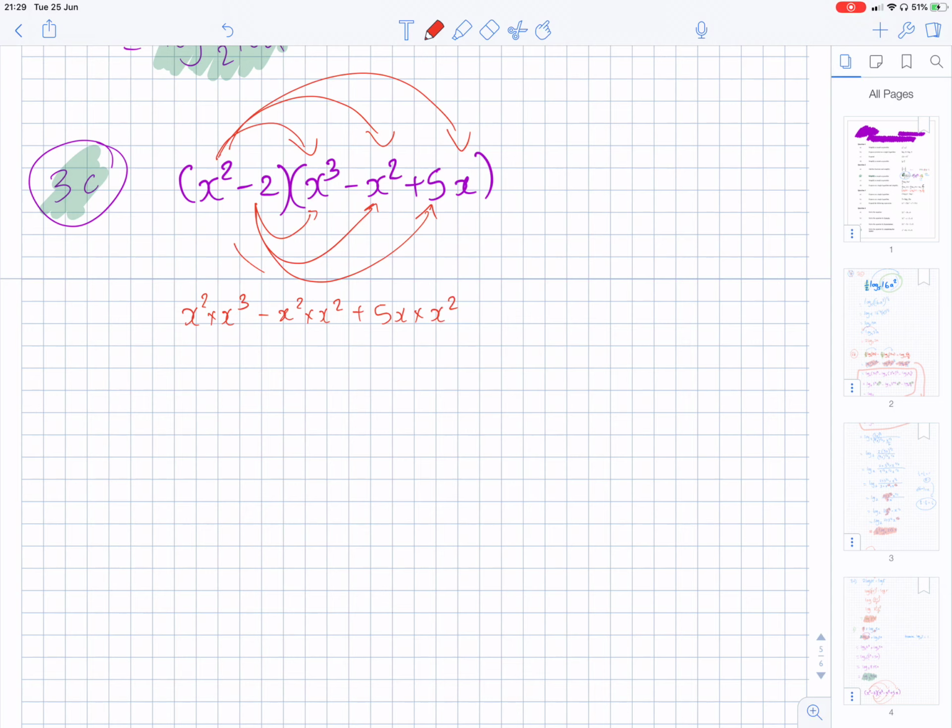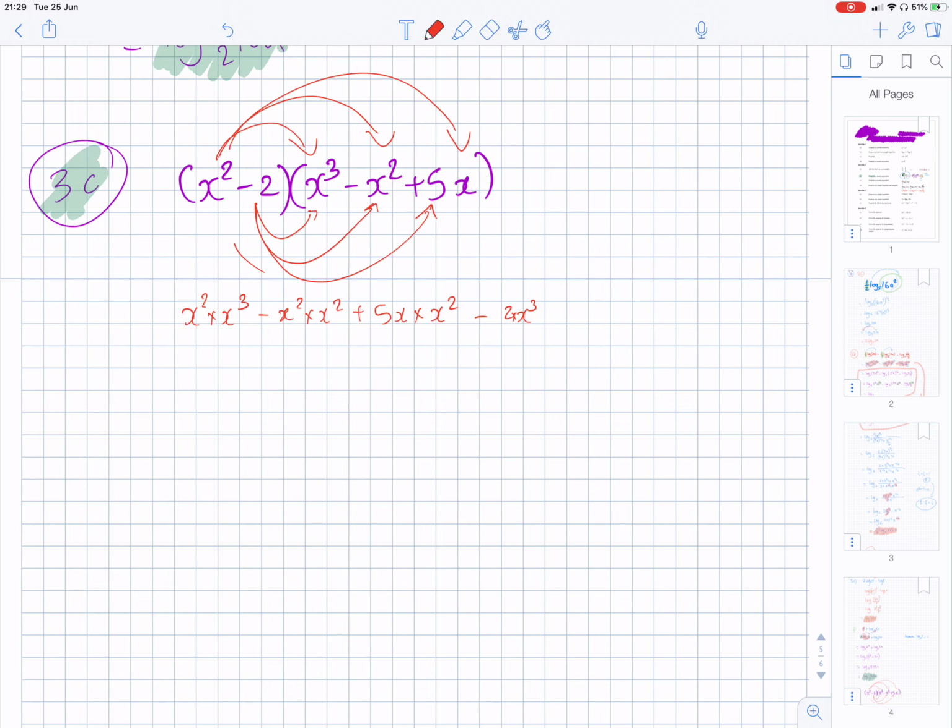And then minus 2 times x cubed, minus 2, hang on.